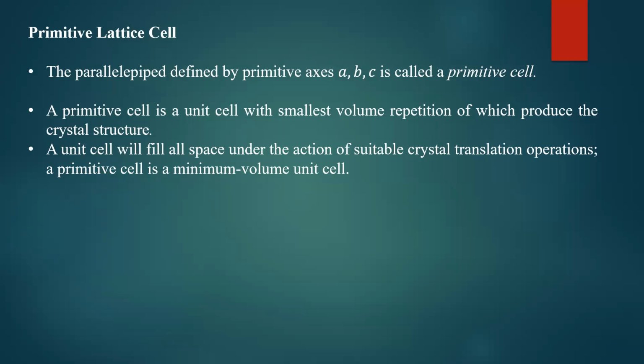What do you mean by translational operation? You can take the unit cell at a certain distance along the x-axis, y-axis and z-axis, and they are defined by the crystallographic axes A, B and C. They are called primitive axes or crystallographic axes. Along the x direction, you can find another unit cell after distance A. Along the y direction, you can find another unit cell at a distance B. And at a distance C, you can find a unit cell along the z direction.